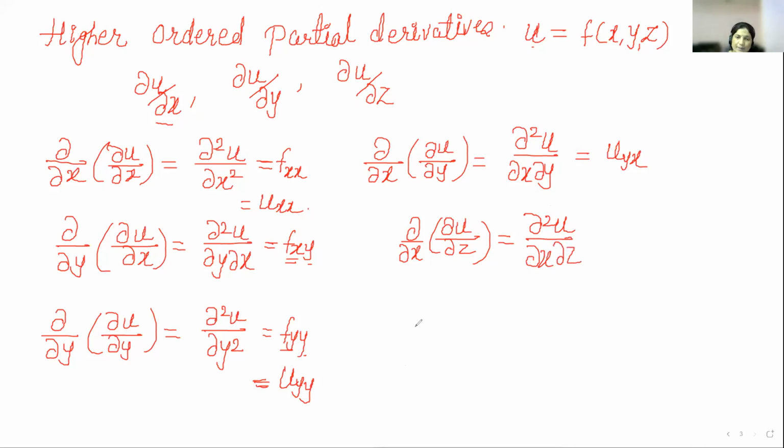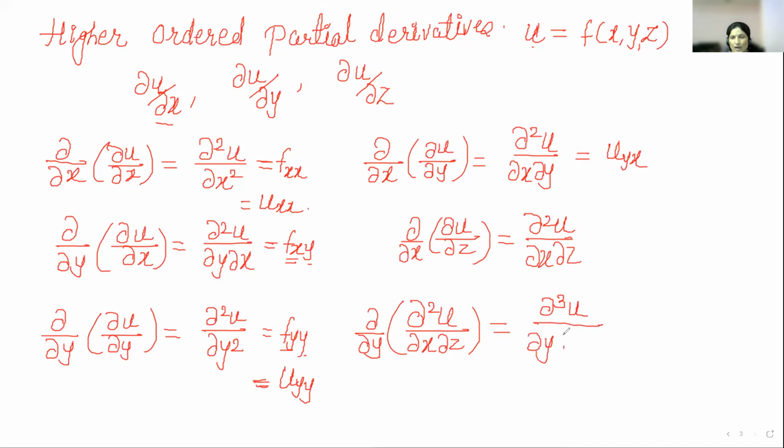Now if I take the derivative of this function ∂²u/∂x∂z with respect to y, it will be ∂³u/∂y∂x∂z. Remember the sequence in this. First, we took the derivative of ∂u/∂z with respect to x.